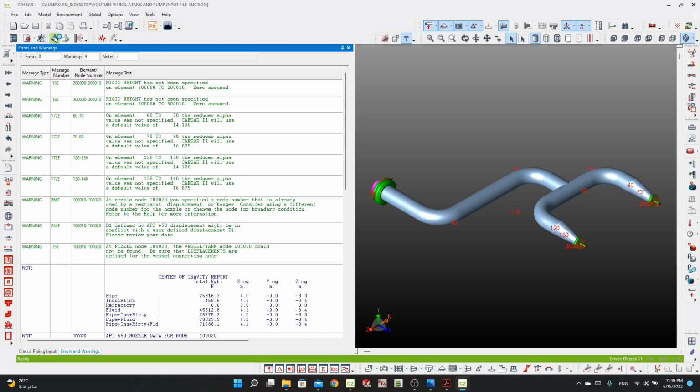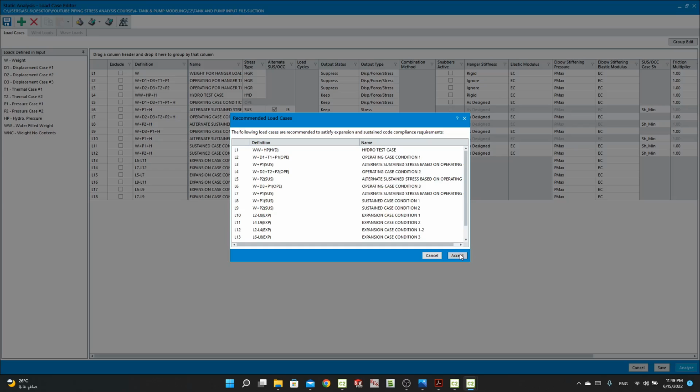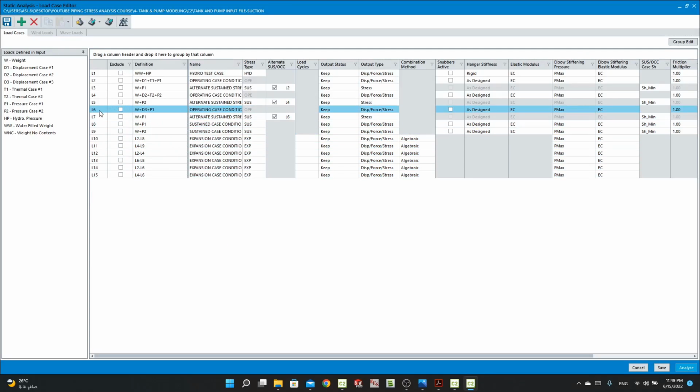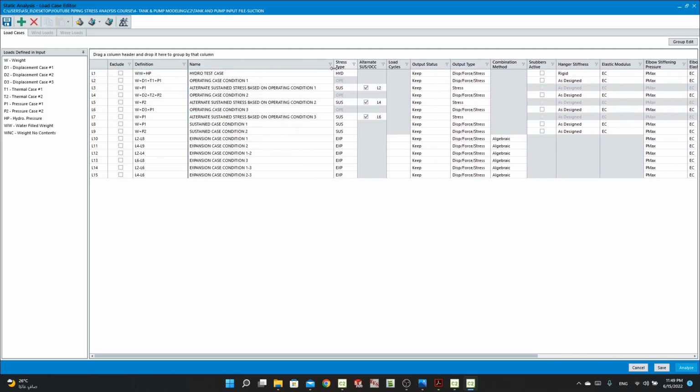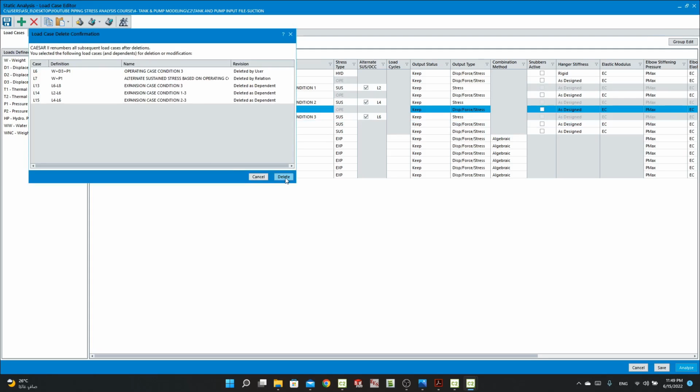Now we go to the load case. If we load the default load case, you will find it will give you one extra operation, a sustained operation, which is no need. You don't need it because it has a displacement D3.